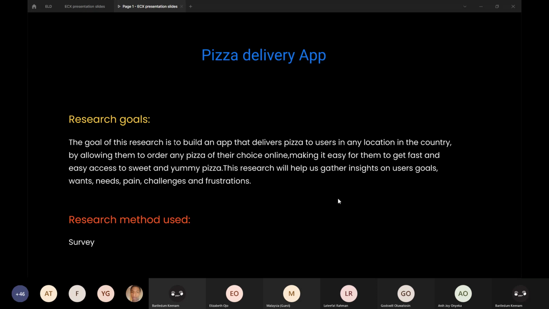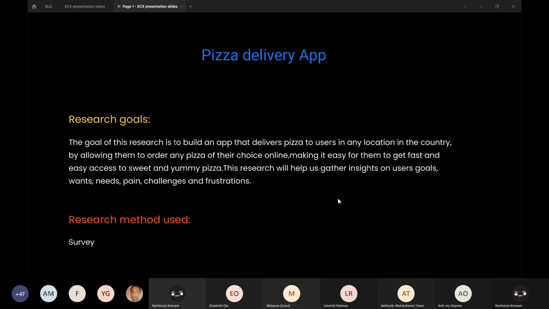The research goal can be in the form: the goal of this research is to build an app that delivers pizza to users in any location in the country by allowing them to order any pizza of their choice online, making it easy for them to get fast and easy access to sweet and yummy pizza. This research will help us gather insights on user goals, wants, needs, pains, challenges, and frustrations.